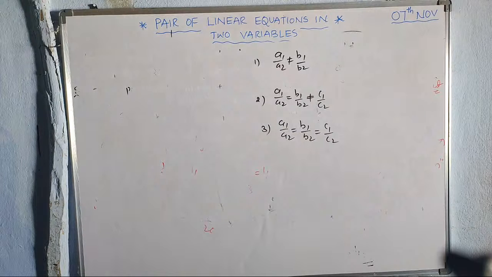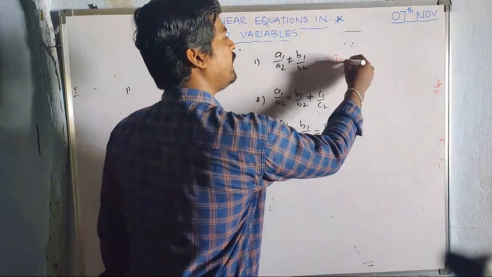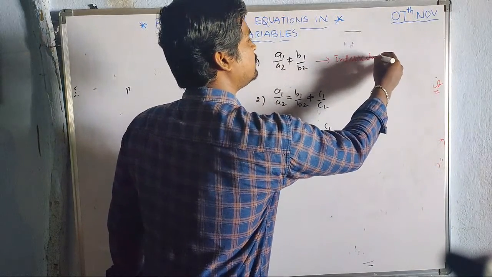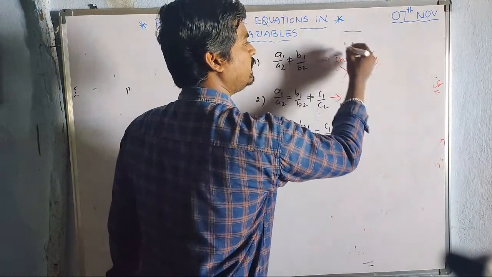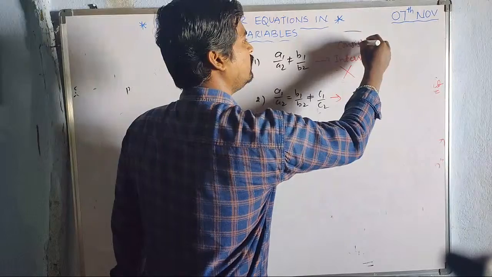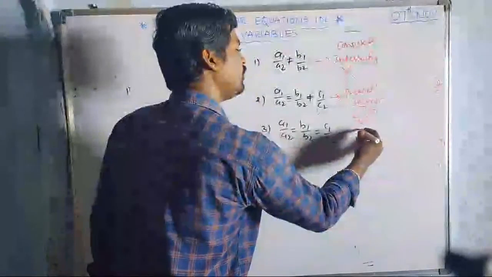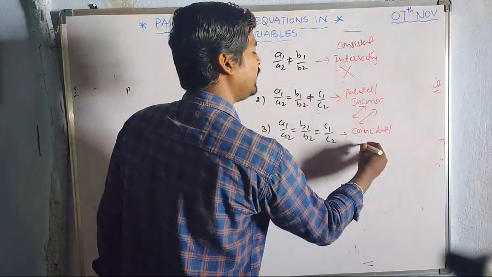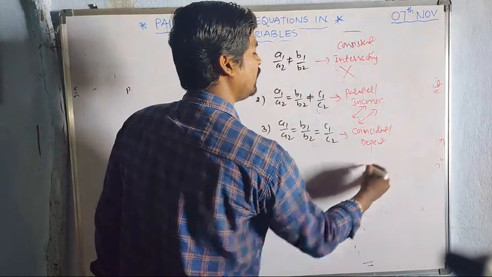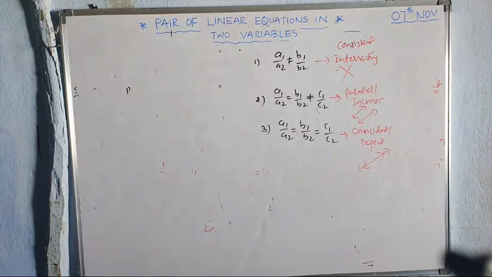So observe carefully. If you get intersecting lines like this, we say that this is consistent. Here, parallel lines. If you get coincident or dependent lines, it looks like one line. Two lines are there, but it looks like only one line.